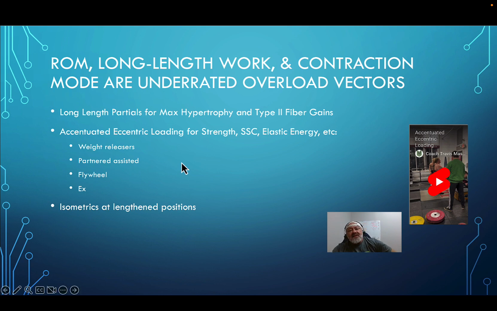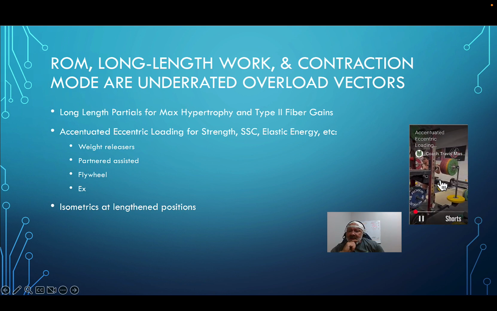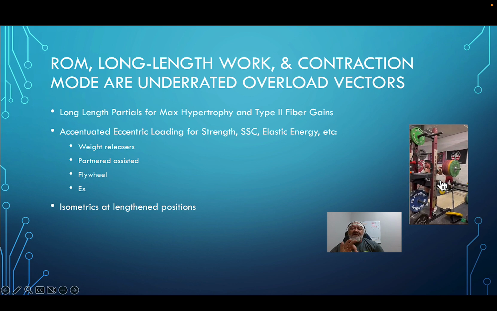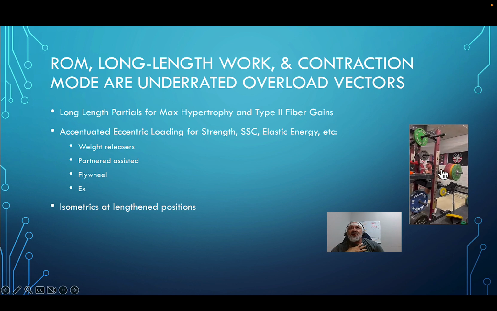Using accentuated eccentric loading for strength, improved stretch shortening cycle, elastic energy, all that. So using weight releasers, partner assisted eccentric loading. I'll show you examples. Flywheels. And let me show you. Here's weight releasers. And by the way, using it on the first rep also led to improvements on the next two reps.